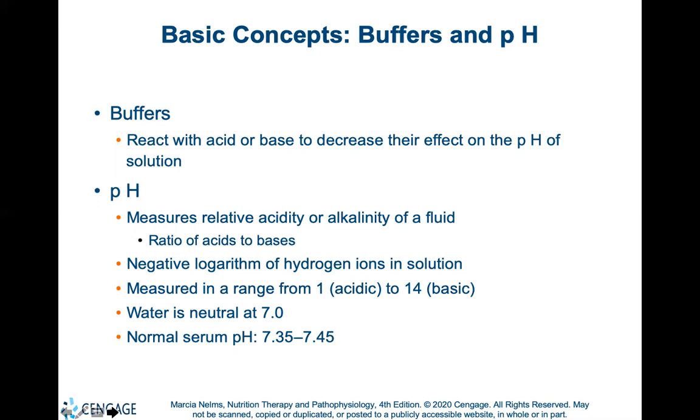A 1 on the pH scale indicates the most acidic, and 14 indicates the most alkaline. Water is considered neutral at 7.0. For humans, a normal serum pH is within the range of 7.35 to 7.45.